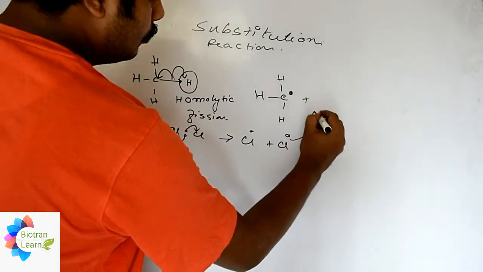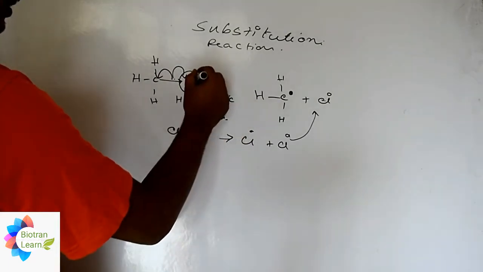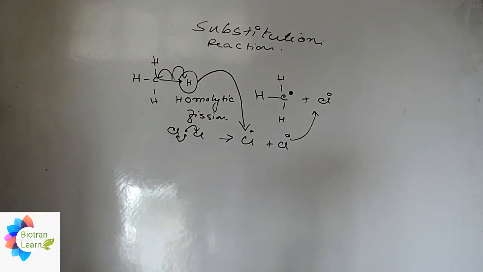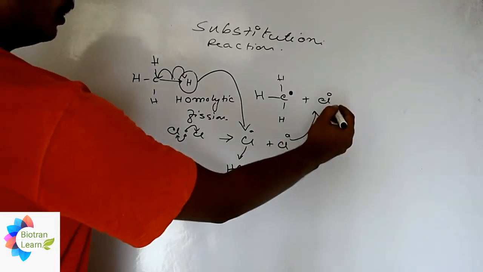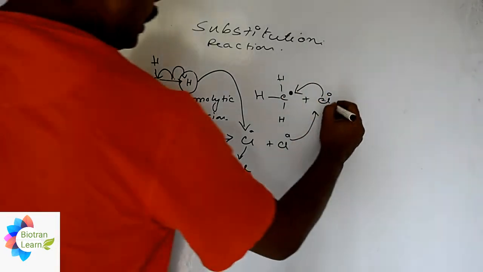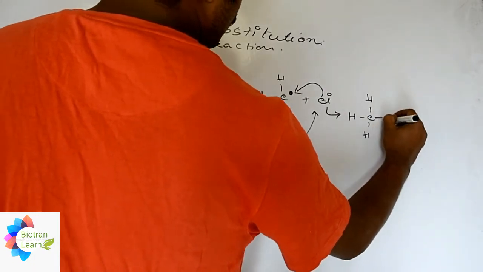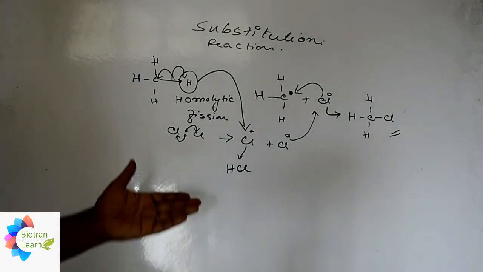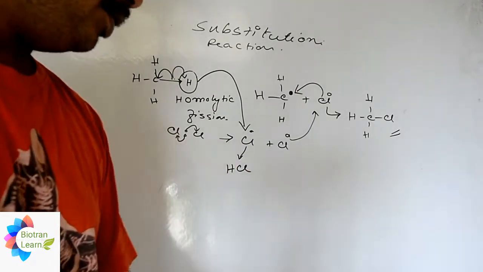So one chlorine will shift in this section, and another hydrogen will combine with this one, forming HCl, and in this case one chlorine which came in here will combine with this one, and hence will be forming the chloromethane. So this is how the haloalkane takes part in substitution reaction, and haloalkane is formed, right?